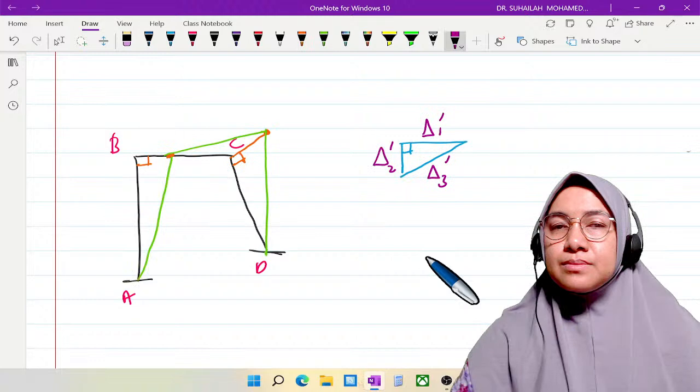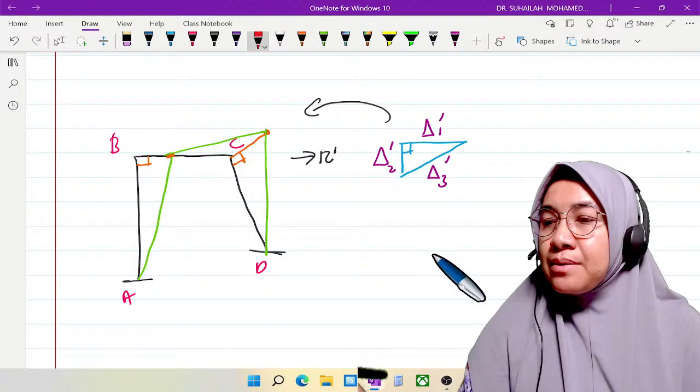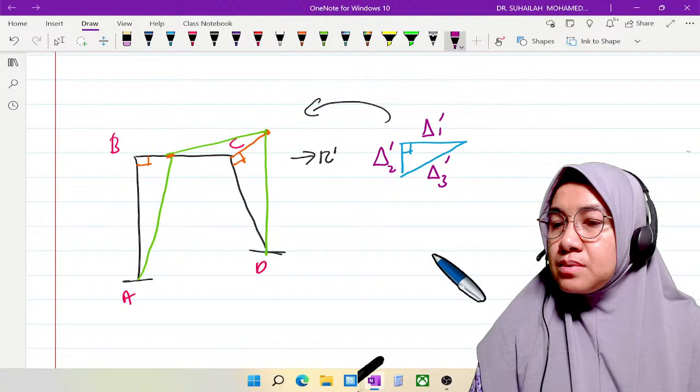This moves to the right direction. We have to identify where this is located in the diagram. It is actually located here, and then we need to identify the angle.